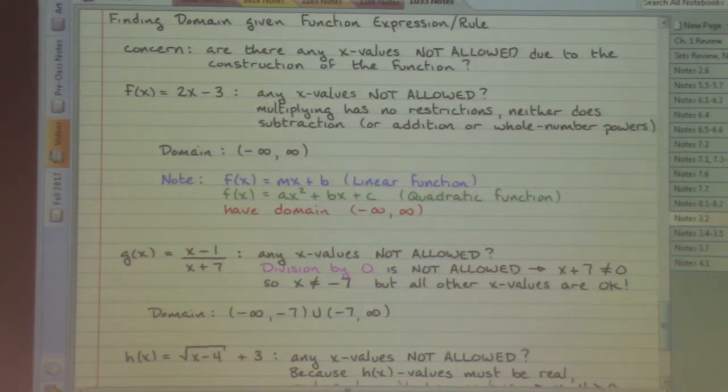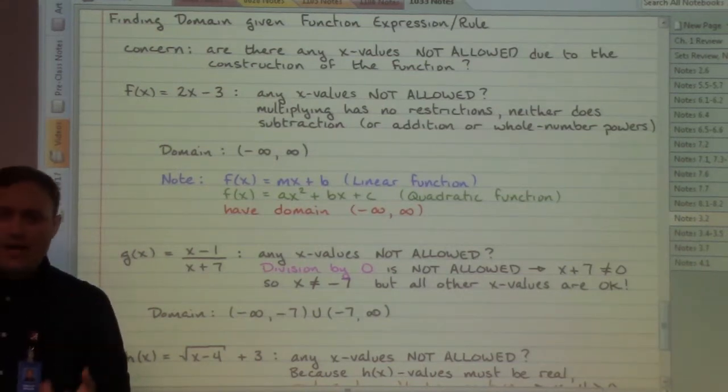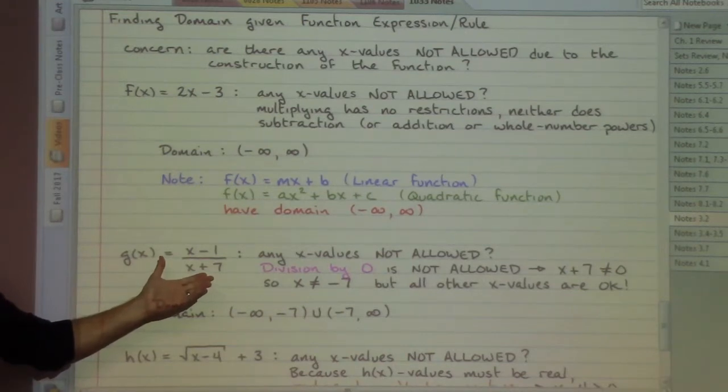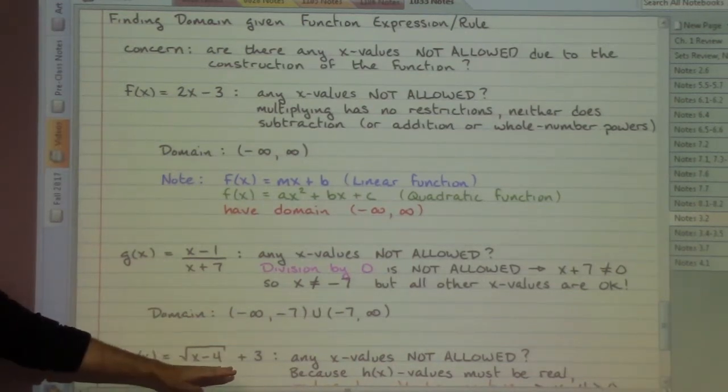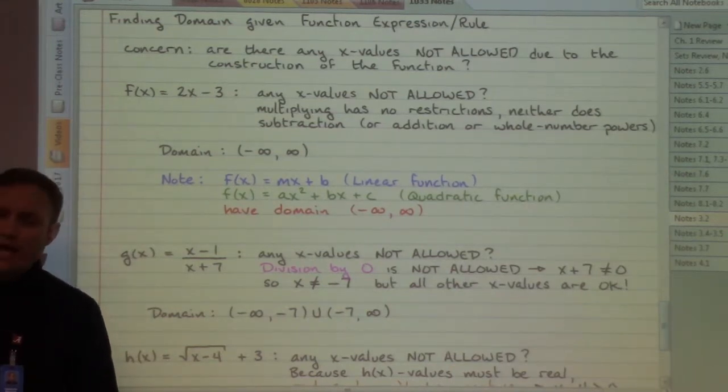So some of the functions that we have are things like a 2x minus 3, other things that have other powers in them. We could have things with rational expressions. We could have things with roots. What kinds of issues do we have?